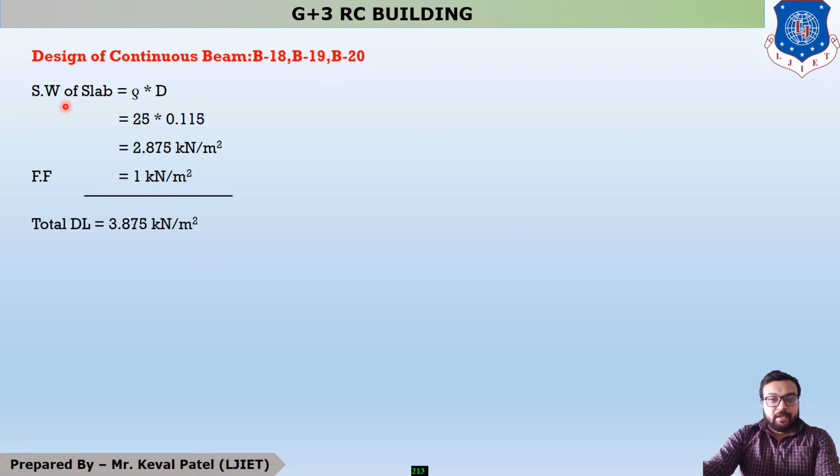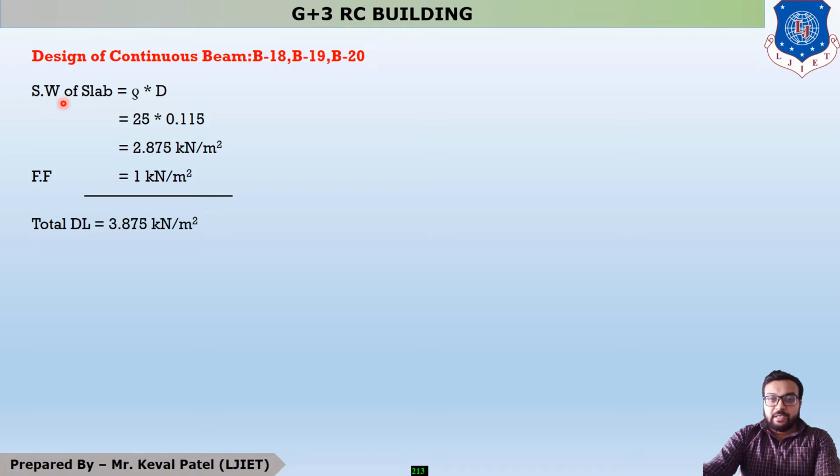So in dead load, there are four types of load. First is self weight of slab, floor finish, masonry wall load, and self weight of beam rib, in which the first two loads, self weight of slab and floor finish, are in kilonewton per meter square. So let us start. We have to calculate these two loads.